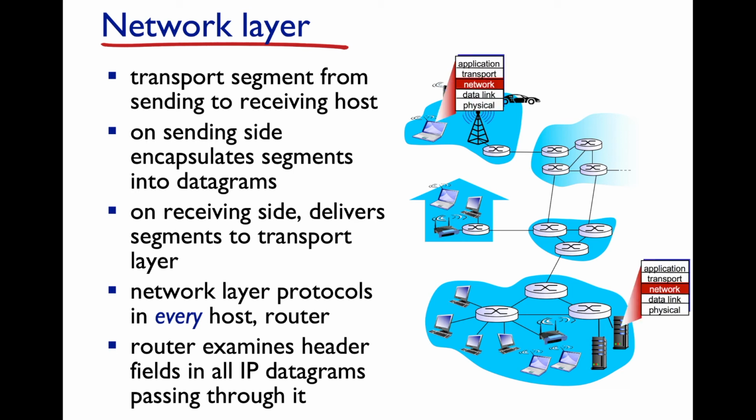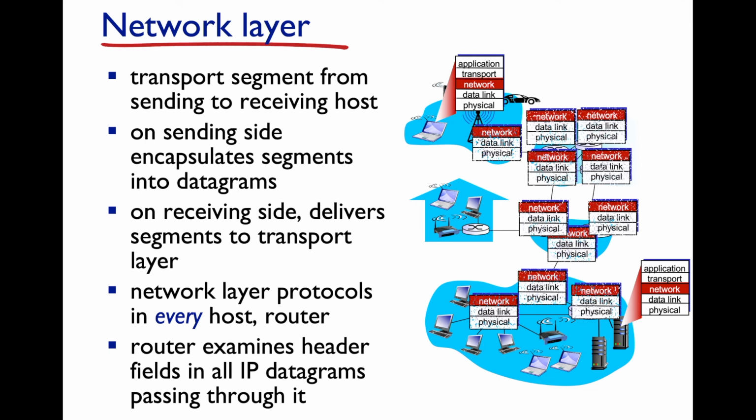And so here we have our end systems, our hosts at the network edge. We have a client machine, a laptop up above, and we also have a server at the other end of the network down below. Now you notice here they have all 5 layers: physical, data link, network, transport layer, and application layer. Also the routers have what are called layer 3, the so-called layer 3 devices, because the routers also have a network layer.